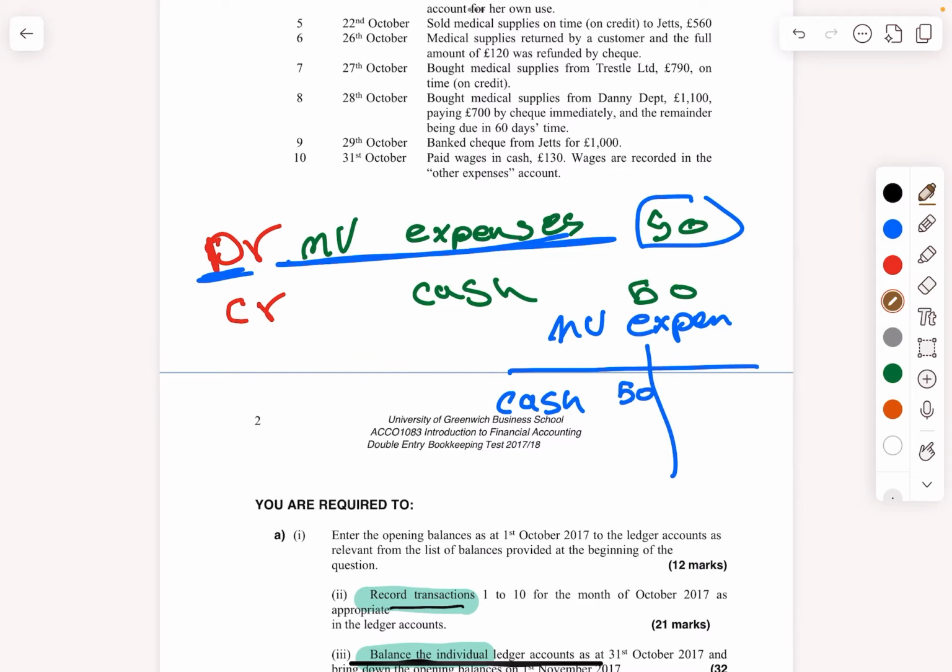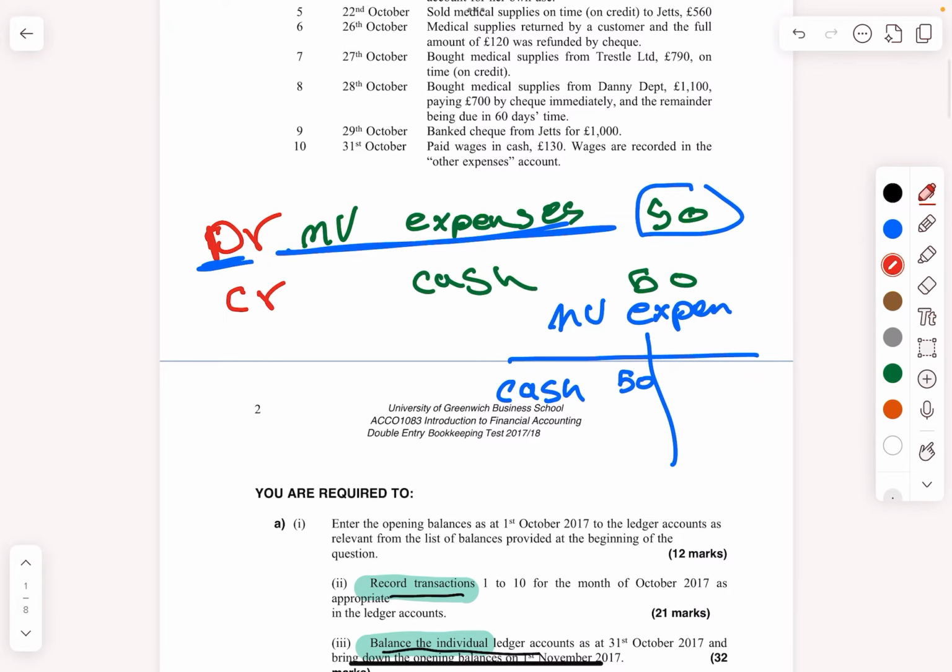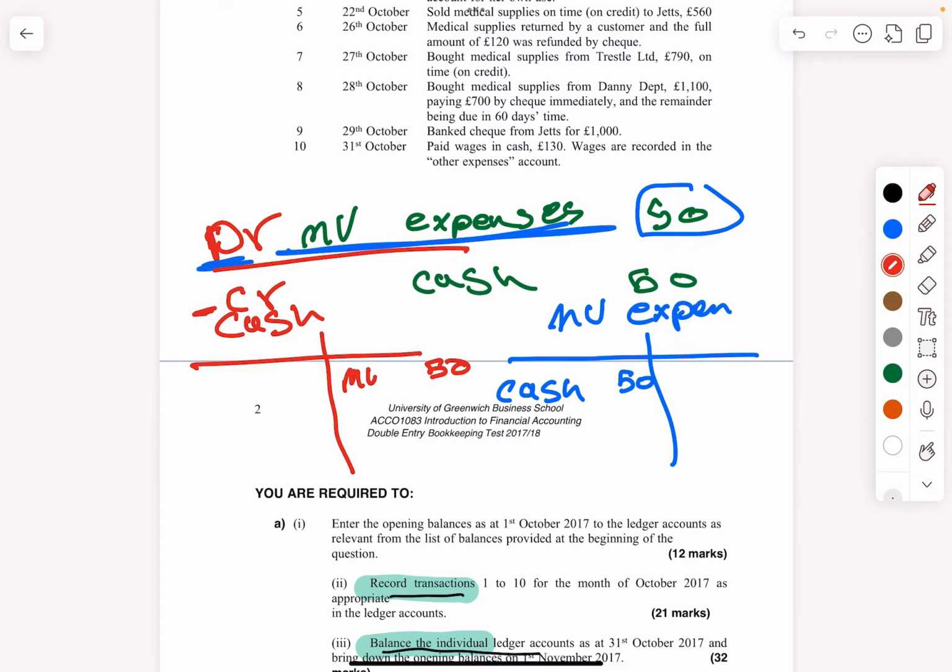I know it's a bit complicated because you have to debit, and a lot of people ask, if we debit this one, why don't we add this name? I know it's a bit confusing, but this is how it is. Under the cash, we already have cash open, and we put a transaction previously. So now under the cash, it's going to be credited £50, for motor vehicle expenses.